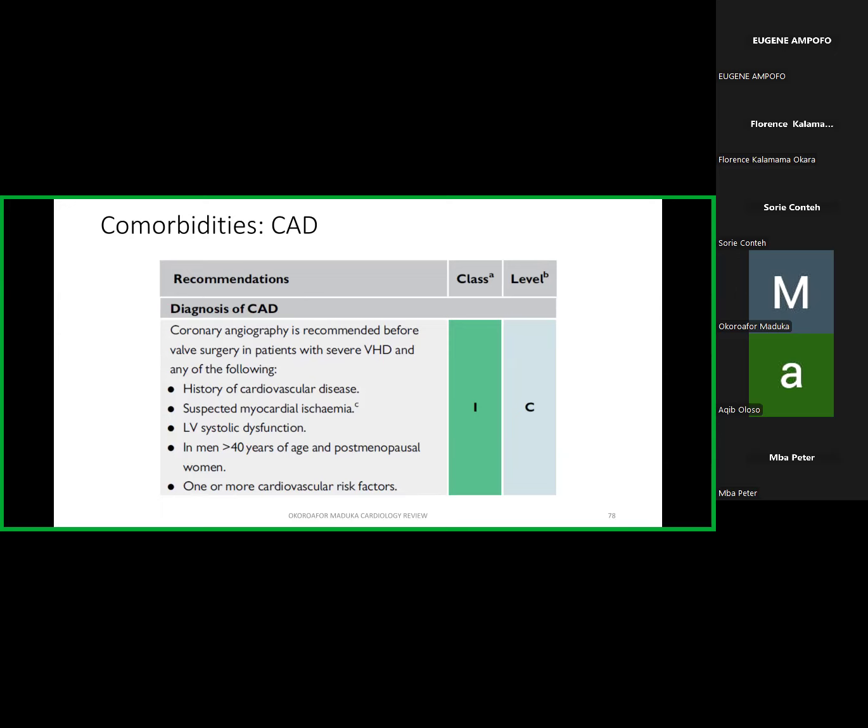All right, I'll start with the first. Angina occurs in both aortic stenosis and aortic regurgitation, so the difference is in the mechanisms.